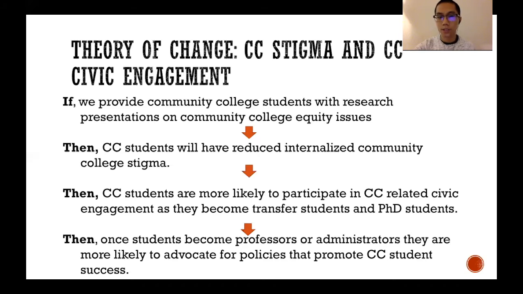Then community college students are more likely to participate in community college-related civic engagement as they become transfer students and PhD students. Then once students become professors or administrators, they're more likely to advocate for policies that promote community college student success or promote a transfer receptive culture, right?